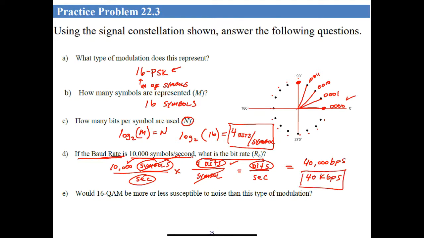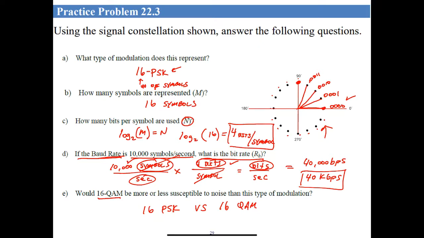Would 16 QAM be more or less susceptible to noise than this type of modulation? They're meaning, instead of 16 PSK, is it more or less susceptible than 16 QAM?